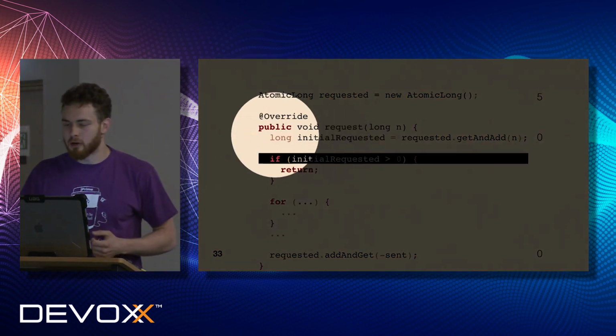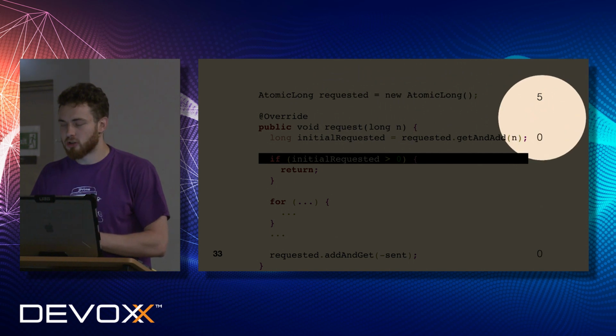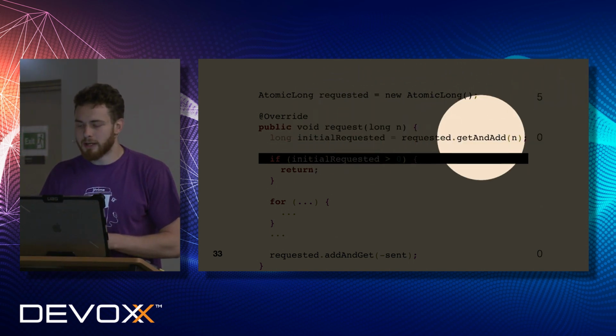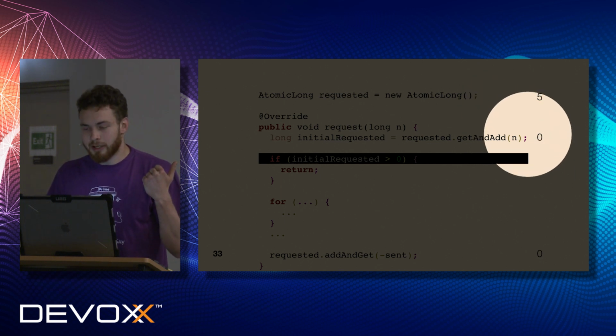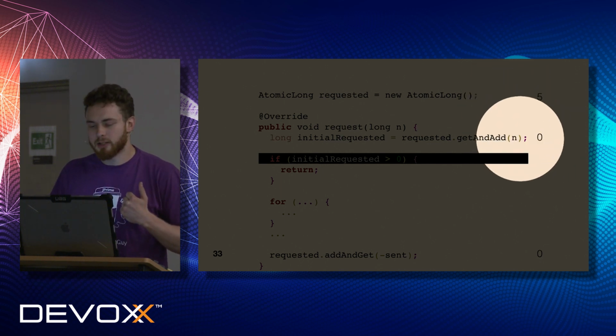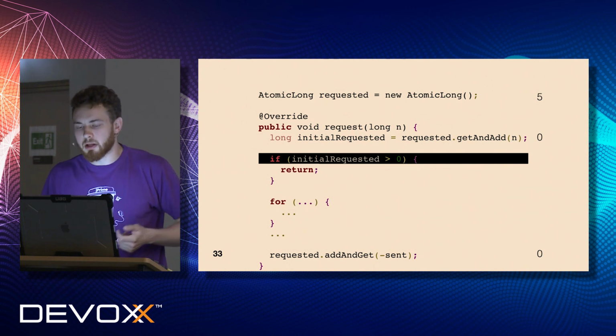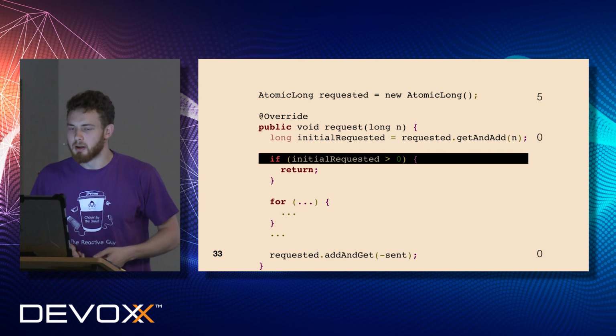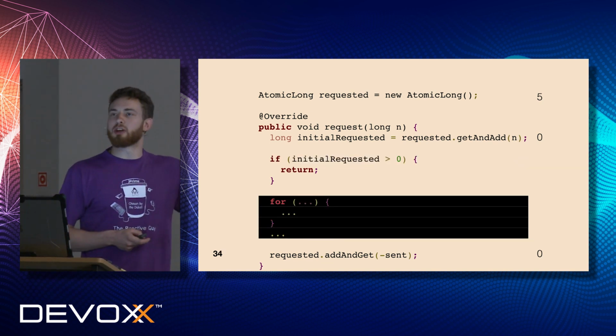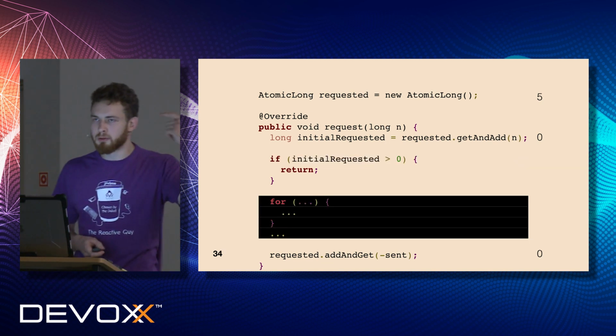So we will observe here that our requested field changed to 5, and our initial requested is 0, which is true, because no one else has been working prior to us. So it means that there is no concurrency at all, and we are just the first thread entering this request method. So we are bypassing this verification because we are the first, we have to do the work.